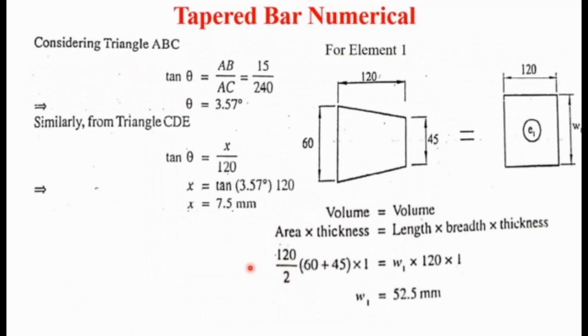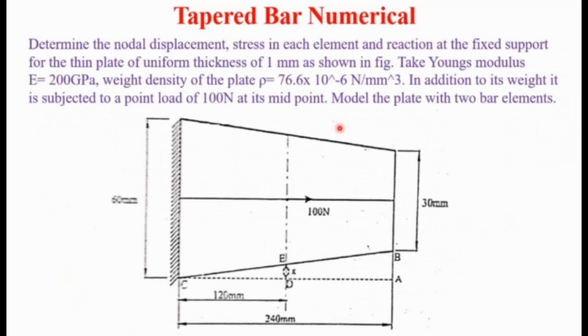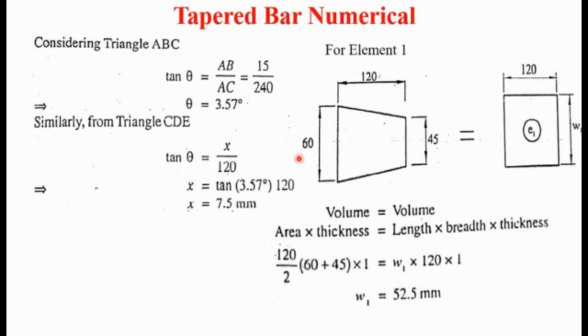Now after calculating this, we have to take the first element, from this end up to the center, and calculate its volume. We are going to convert this tapered bar into a square or rectangular element.